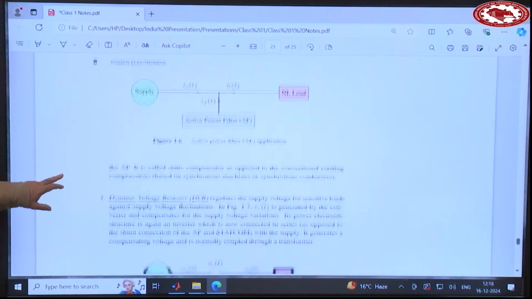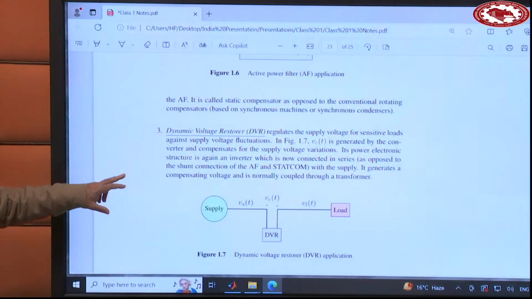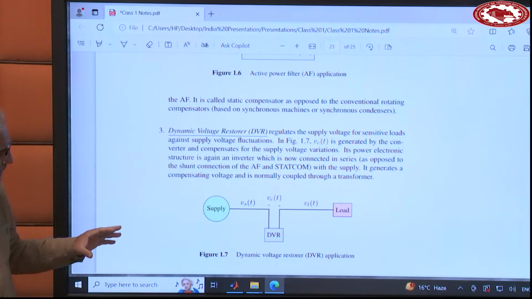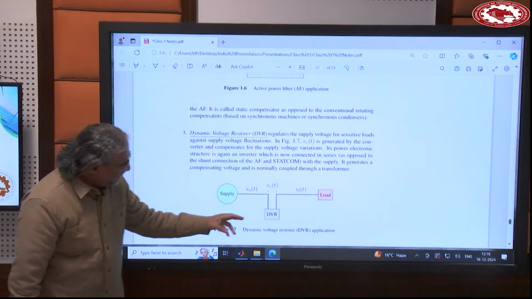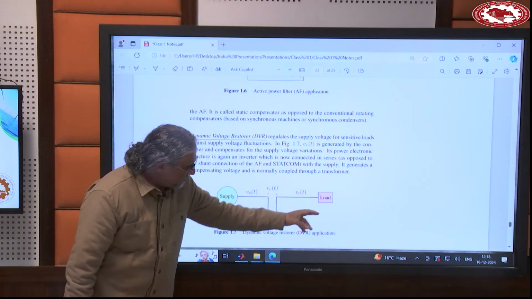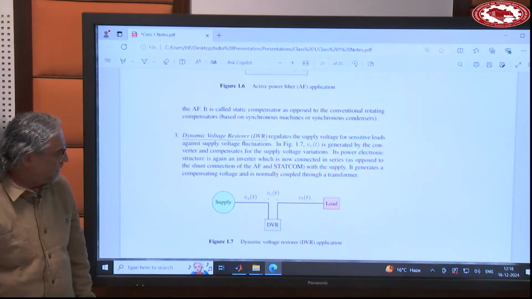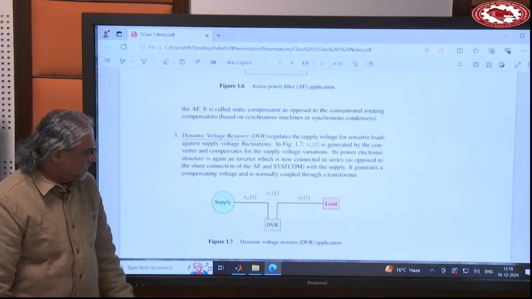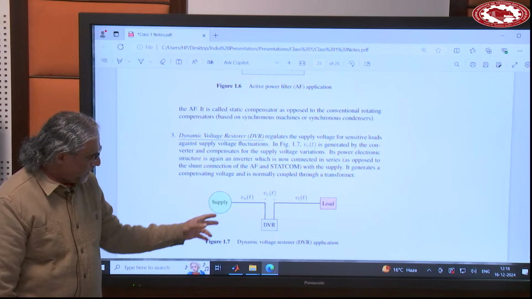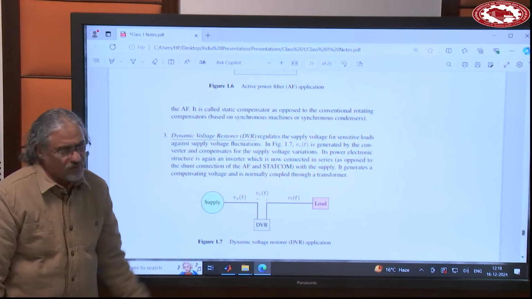Dynamic voltage restorer is similar again, but now it says this load is very sensitive, let's say, and this power supply here can have voltage fluctuations.